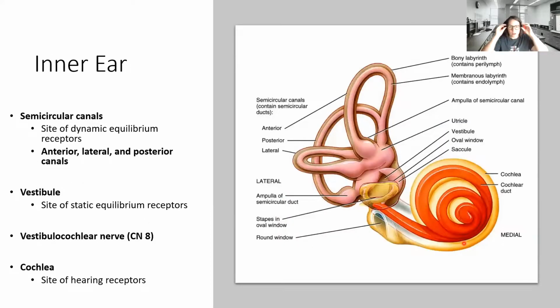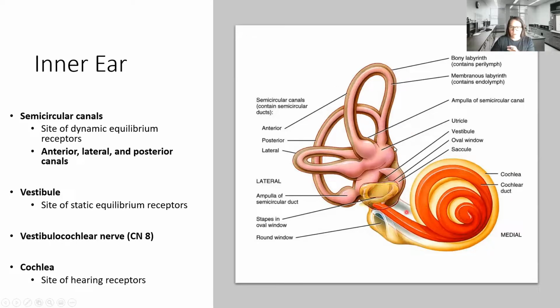Now, the inner ear is where all the receptors are, and the ear is a very special organ in the fact that it's responsible for two separate special senses. Hearing, which is all done here in the cochlea, and all those structures we've talked about lead to that end result. And then we have balance, or equilibrium, which is all detected up here. So this portion here contains two areas.